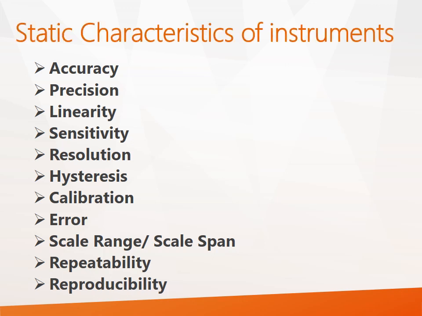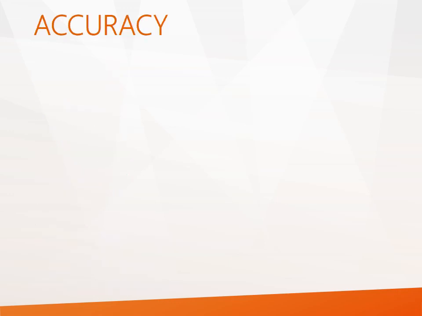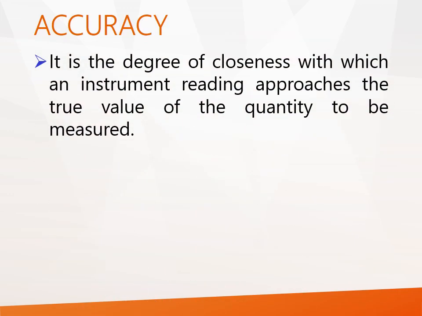These are the static characteristics of an instrument. First we'll see accuracy. It is the degree of closeness with which an instrument reading approaches the true value of the quantity to be measured.